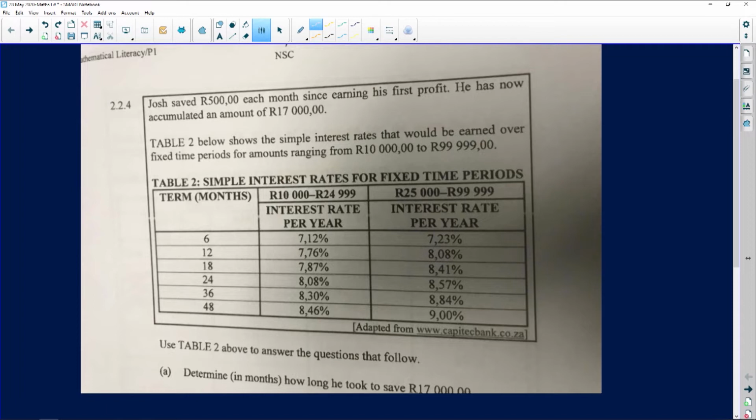Between 10,000 Rand and 24,999 Rand, those are the interest rates per year, and then between 25,000 Rand and 99,999 Rand, those are the interest rates this person would be getting for that type of money. We know that we are working over here with the amount that was accumulated, which is 17,000.